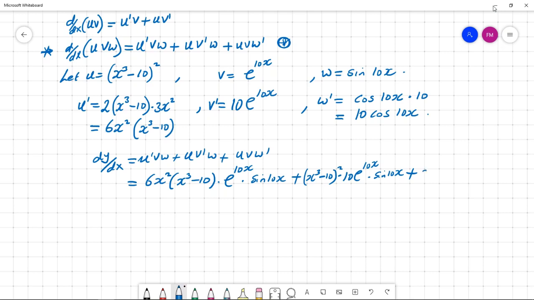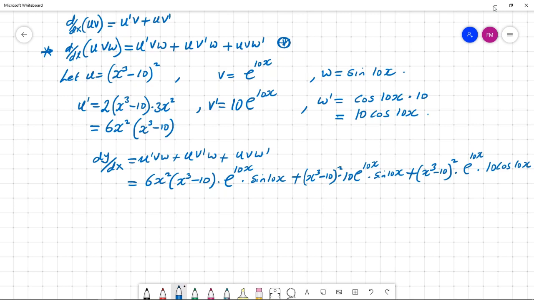Our u is (x cubed minus 10) squared, multiplied by v. Our v is e to the power 10x, multiplied by w prime, which is equal to 10 cos 10x. That's what we have.